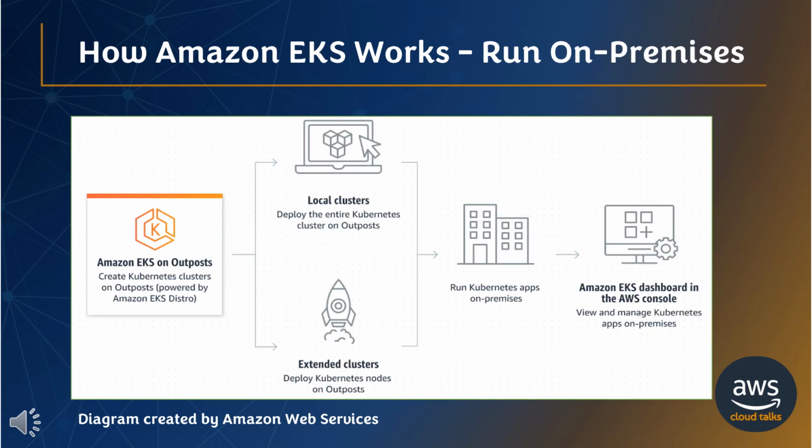Now let's see how Amazon EKS works in the on-premises data centers. In the on-premises data centers, Amazon EKS provides a consistent, fully supported Kubernetes solution with integrated tooling and simple deployment to AWS Outposts, virtual machines, or bare metal servers.